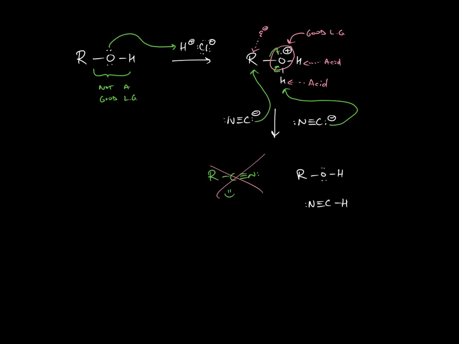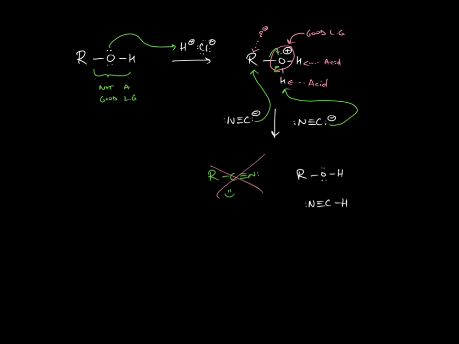We need to figure out a way to fix this. One thing I'd like you to think about for tomorrow is that turning an alcohol into a protonated alcohol, or an O+, doesn't usually give us the best leaving group. It does give us a good leaving group, except that it's a good leaving group that also has acids attached.